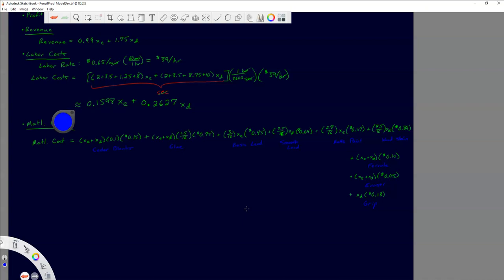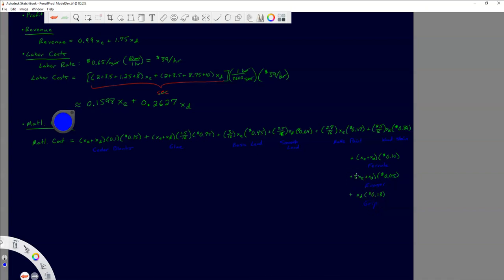So obviously a fairly lengthy written equation here, but I think we have covered all of our bases. And so this long description starting here and going all the way across and down the right hand side a little bit is describing the material cost.